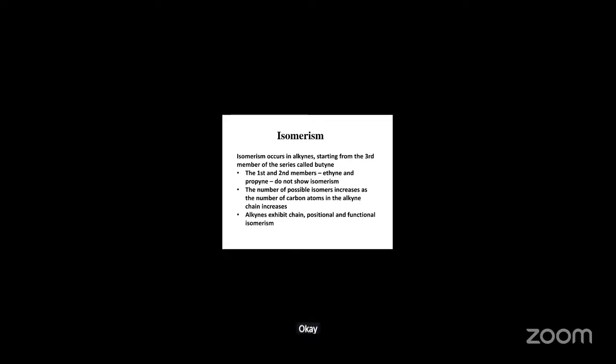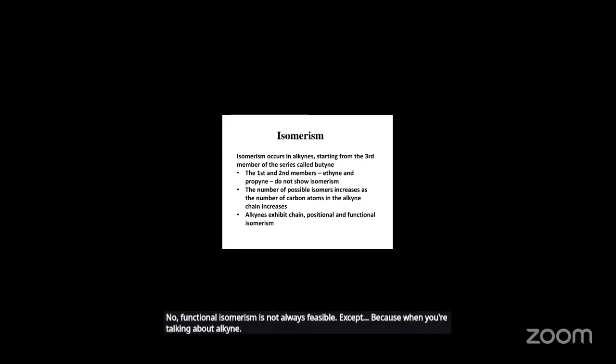Okay. So whenever we are talking about this, what we are going to have is chain isomerism. We can have position and we can also have functional. No, functional isomerism is not always feasible. When you're talking about alkynes, we can only have chain and position.